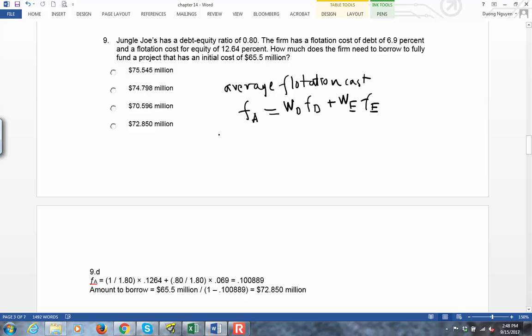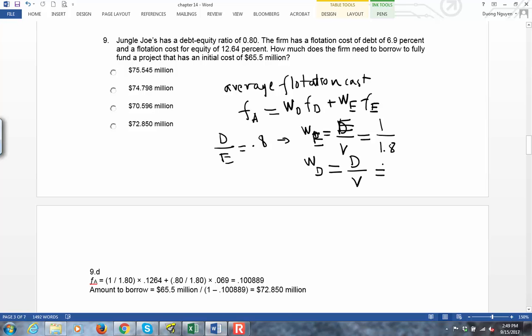And you have a debt equity ratio equal to 0.8, so obviously the weight of equity, equal to the value of equity over V, the value of the firm, will be equal to 1 over 1.8, and the weight of debt should be equal to D over V, and this one is equal to 0.8 over 1.8.